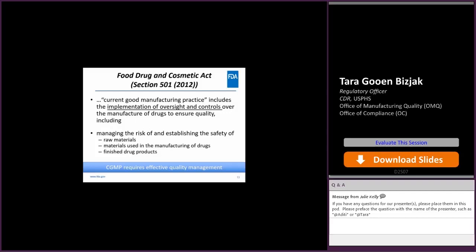So just to bring your attention to some relevant statute and guidance documents. This is a statute that went into effect in 2012. It's in section 501, so that same area of the drug adulteration provisions that we talked about earlier, but it's in addition to the definition of current good manufacturing practice.